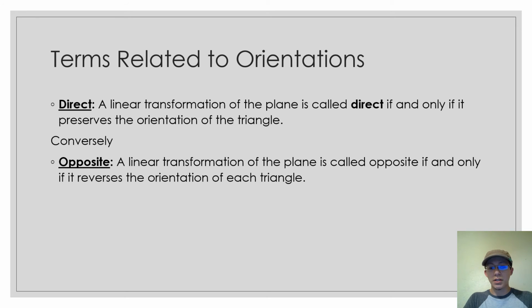If the transformation afterwards keeps this direction, then it is known as direct. However, if your original is A, B, C, and for whatever reason you end up with C, B, A, you end up with an opposite orientation. It is an opposite transformation if it reverses the orientation of the triangle after the transformation.